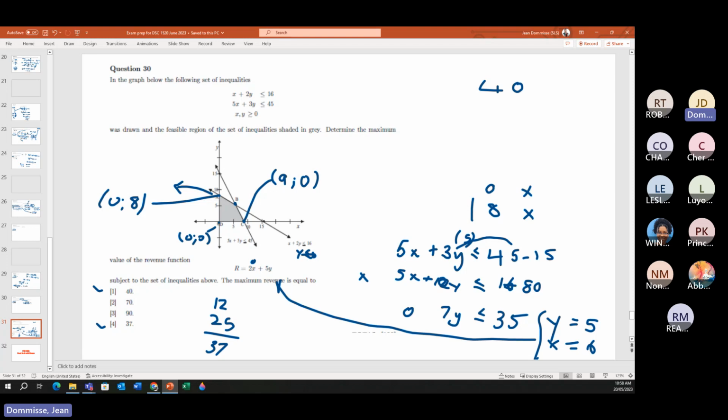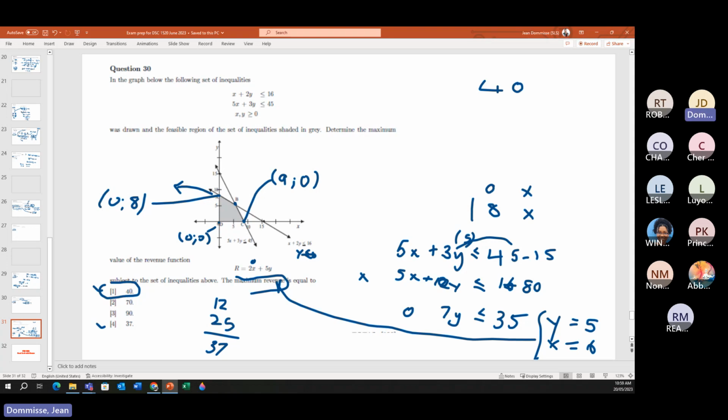So which one would you pick? 40 or 37? They tell us which one we want to maximize. So 40 is bigger than 37. So the option that we will go for is option 1, the 40.